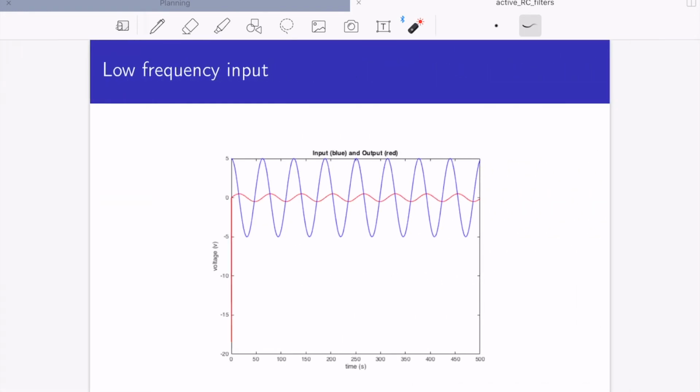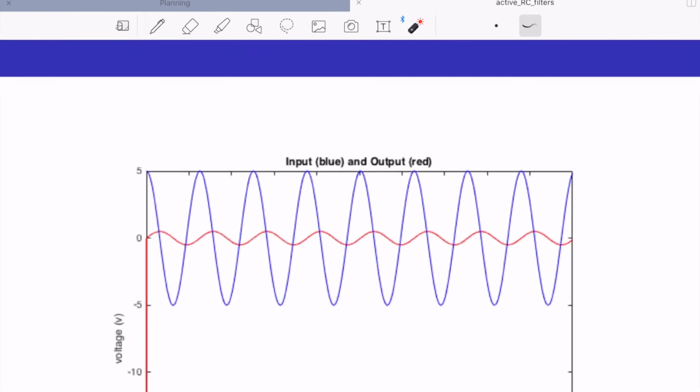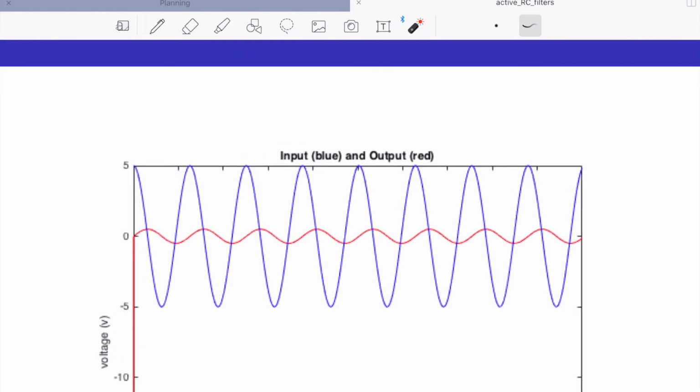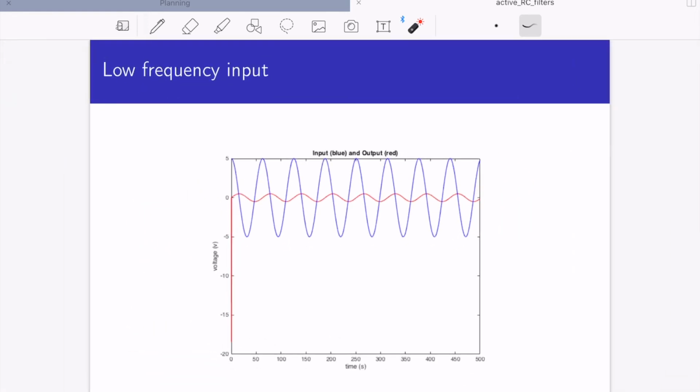And when we look at the plot, our input is still blue, still going from 5 to -5, but the output is now going from about 0.5 to -0.5. And the frequency is 0.1 radians per second. You can check that out yourself. So that's what happens if we put in a frequency below the pass band.